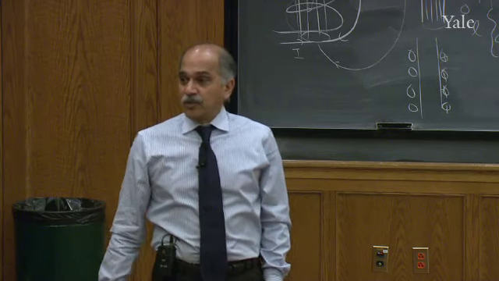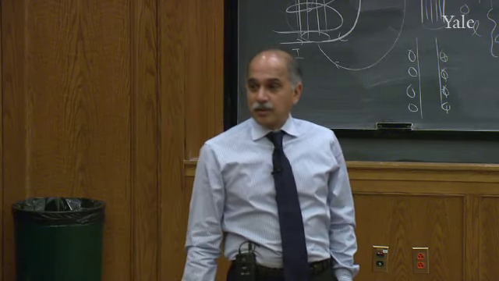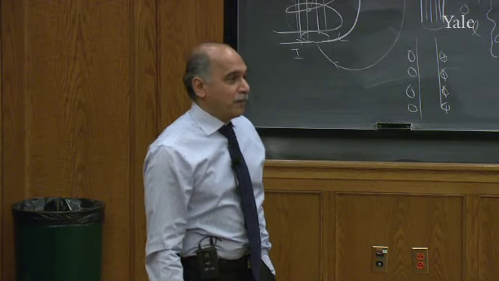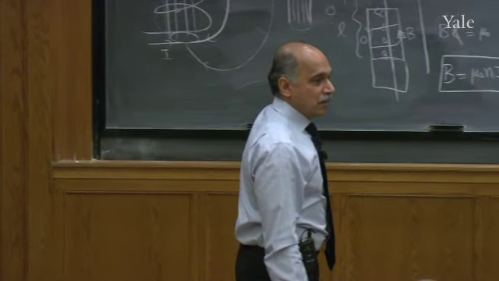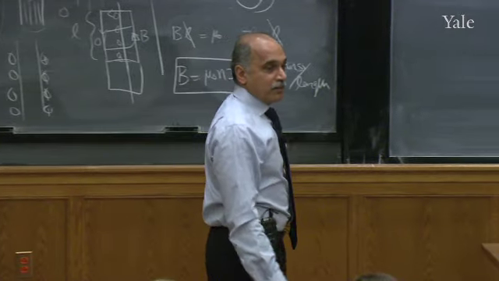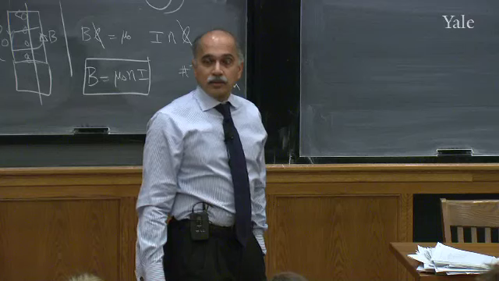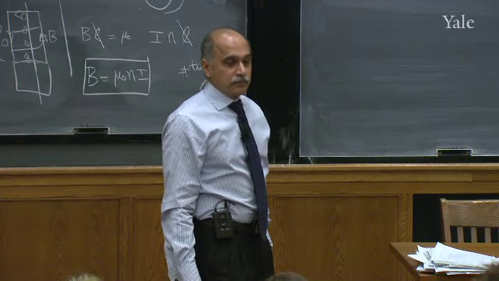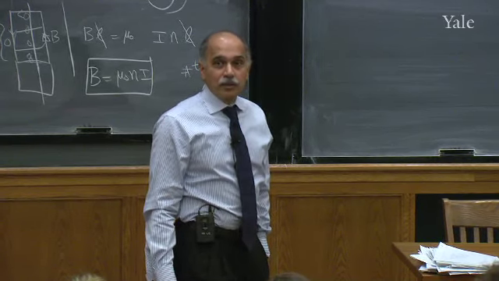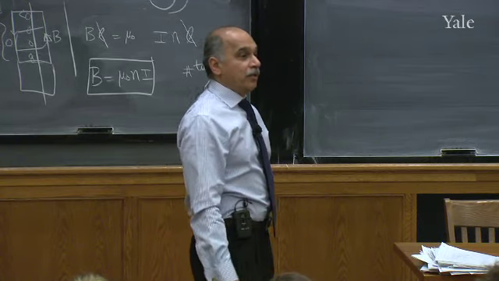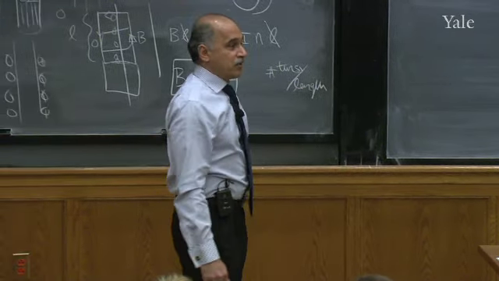Who can convince me it's wrong? Okay, any idea? I'm not talking about a particular thing, but in general, what makes people modify their equations? Pardon me? New experiment. That's the only reason you modify your results.